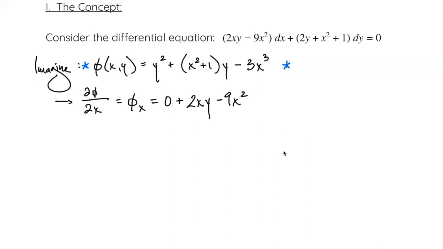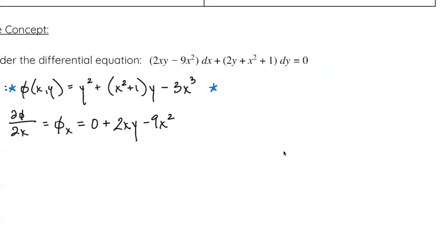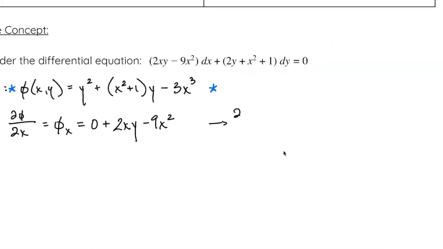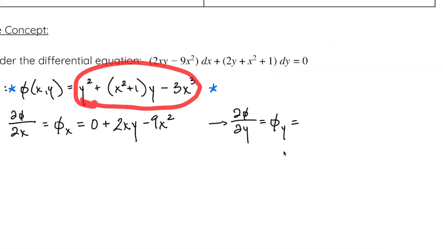Let's also use the same phi function and find partial phi partial y. In other words, the partial derivative with respect to y. We could also write this as phi sub y. And if we go back to our phi function, now we're going to treat x as a constant and y as a variable.